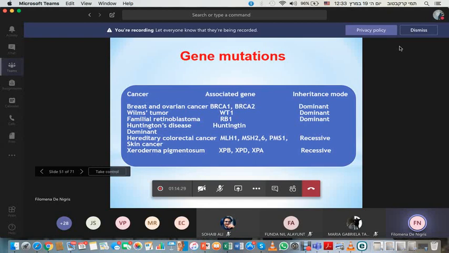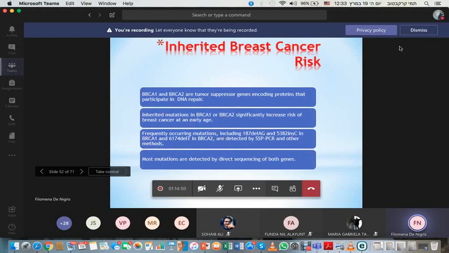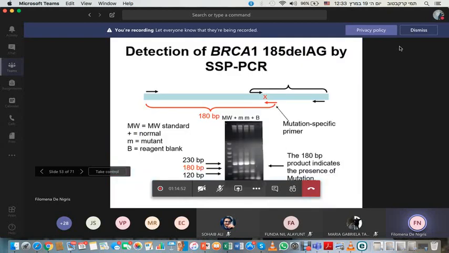So we can look for regulative element mutation, and the guideline indicates that we can give the patient the opportunity to choose surgery before the tumor can develop. This is for BRCA1, BRCA2.